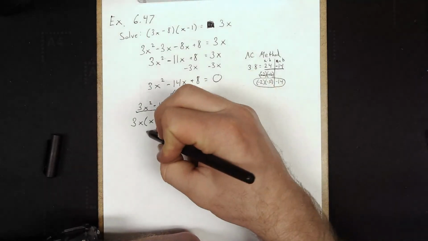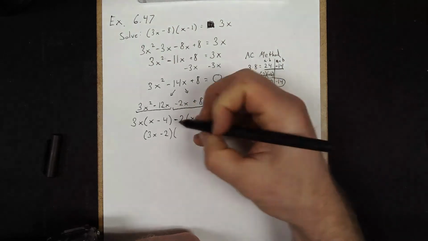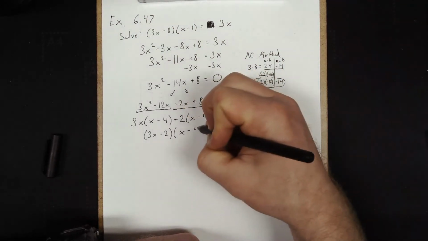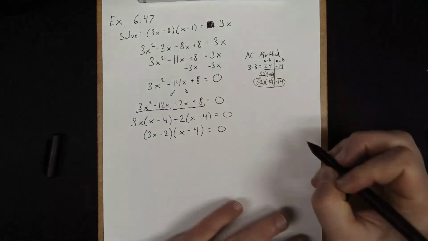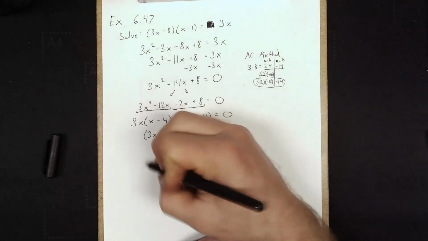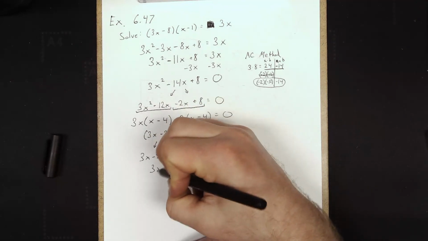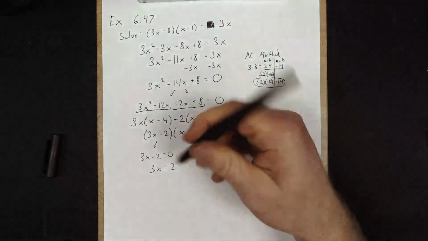So we've got 3x minus 2 times x minus 4 equals 0. And now we're just going to solve for 0 each piece. So we got 3x minus 2 equals 0.